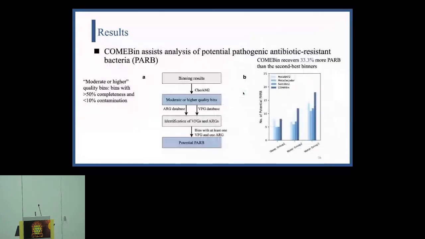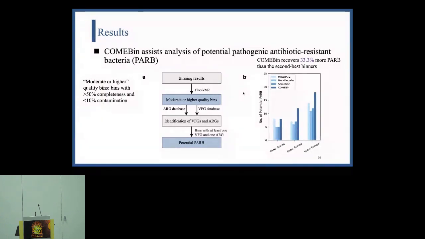We would like to show that Combine can be a valuable tool for analyzing metagenomic sequence data by integrating it into the metagenomic analysis pipeline. Here is an example. Identifying potential pathogenic antibiotic-resistant bacteria is crucial in microbiological risk assessment.